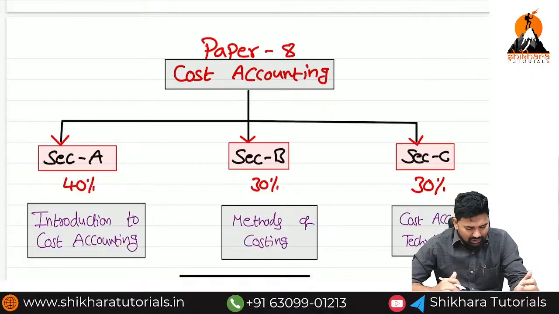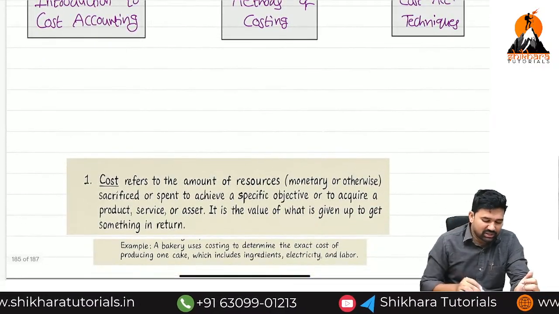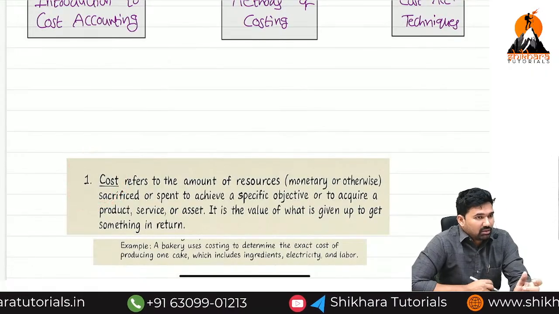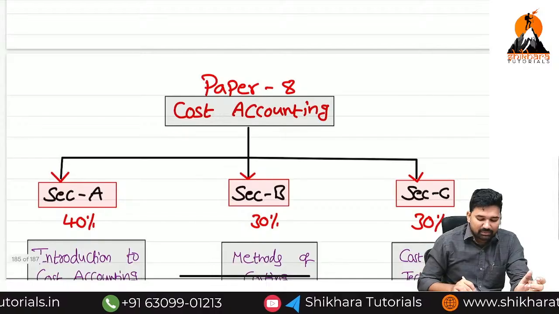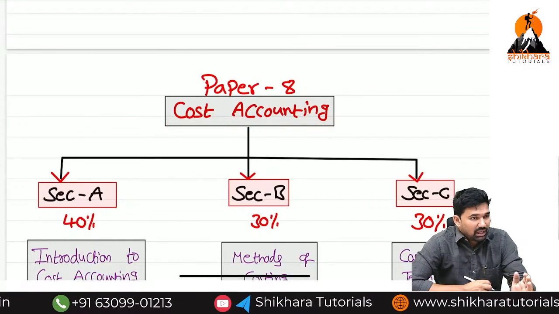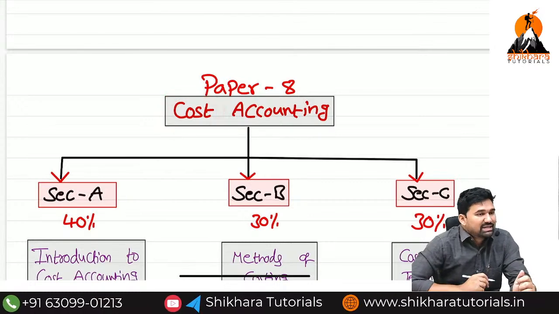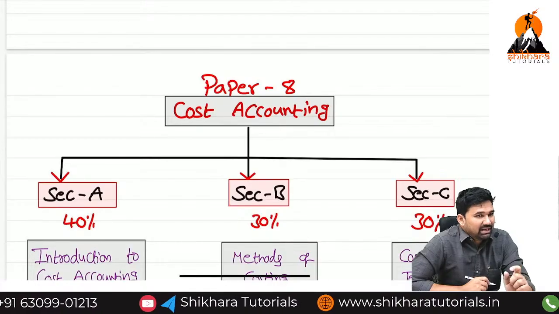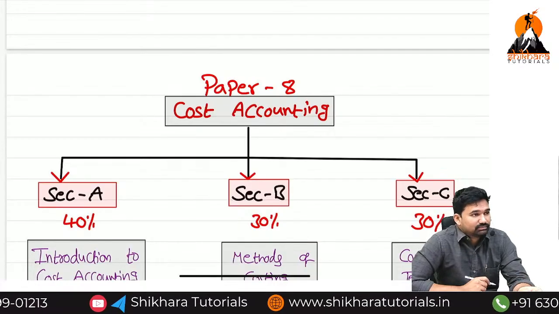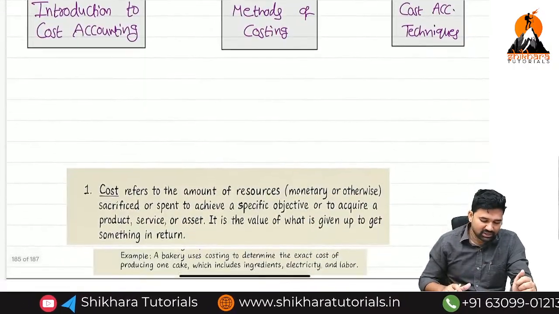So first of all, let's quickly understand what is meant by cost. What is our paper name? Cost accounting. So first of all, we have to know what is meant by cost, and later we have to know what is meant by costing, cost accounting, etc. So, sir, what is meant by cost?